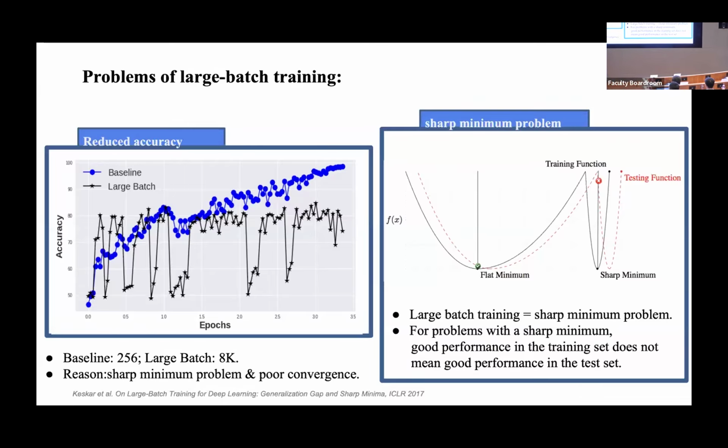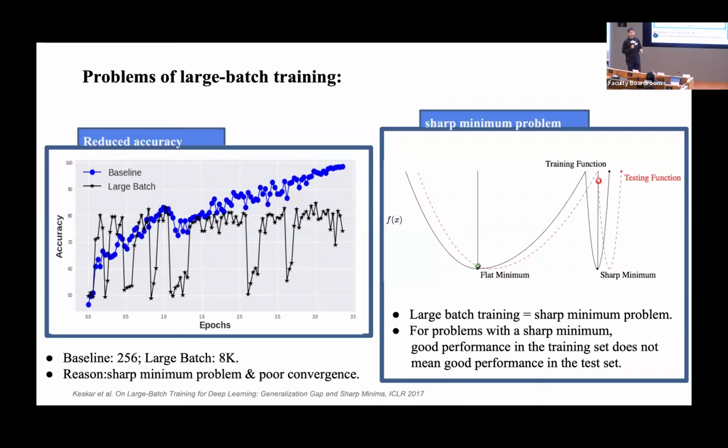So why? I think there are many studies. Here I just want to show you one possible explanation, a sharp minimum problem. That means for the baseline, like the batch size is 300 or 200, your training accuracy is high, your testing accuracy is also very high.